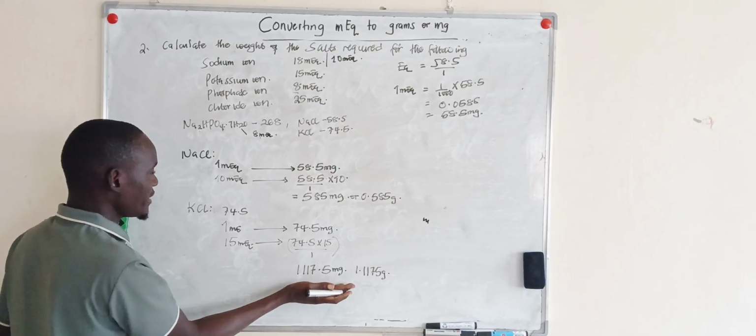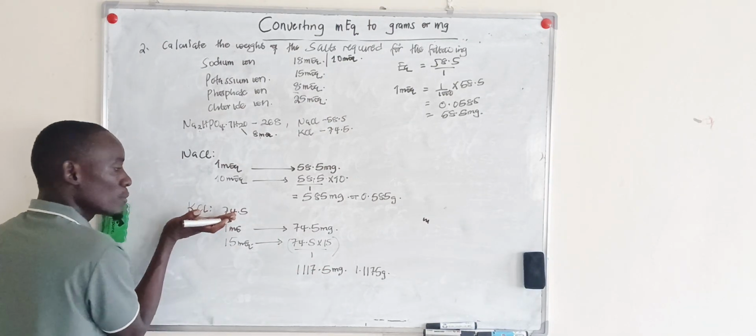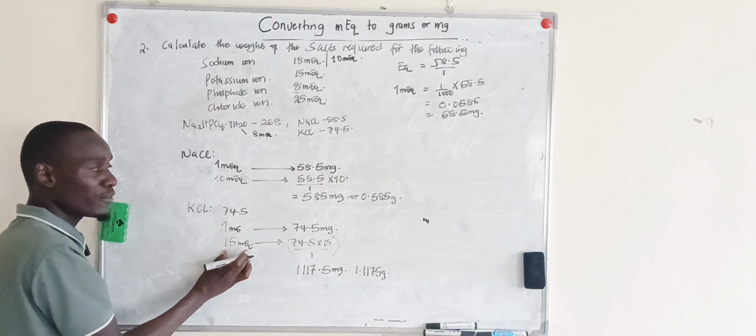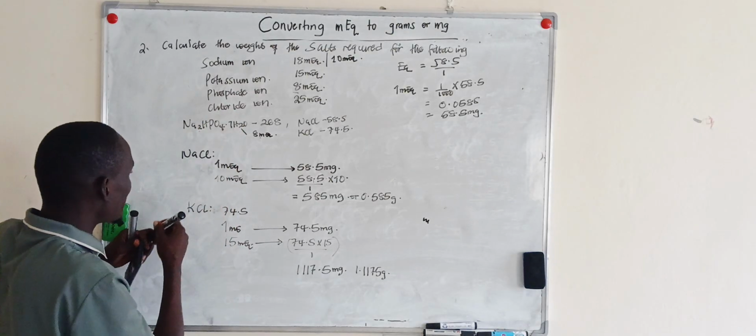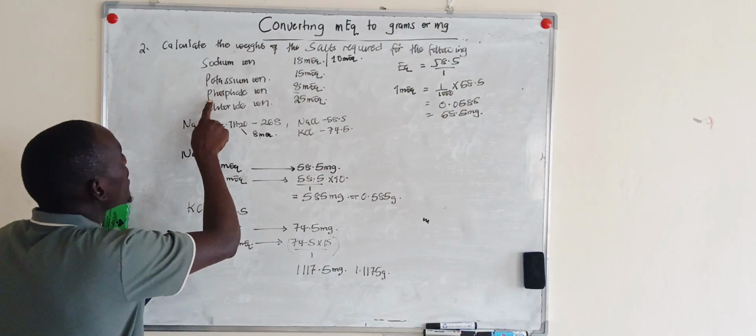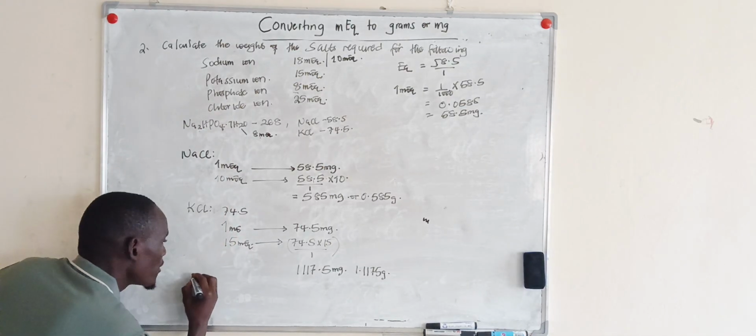So this is the mass of potassium chloride, which is equivalent to the 15 milliequivalents. So our next thing here is going to be the disodium hydrogen phosphate.